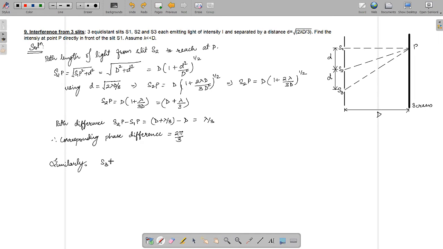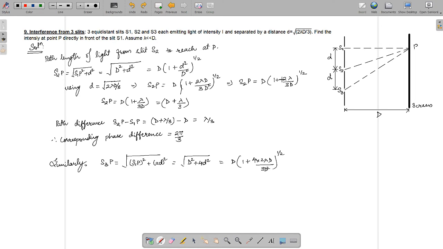Okay. Now similarly, we can find the path length S3P. That will be the square root of S1P squared plus 2d whole squared. So that is D squared plus 4 small d squared, which is D into 1 plus 4 into 2 lambda D by 3D squared, whole to the power 1 by 2.